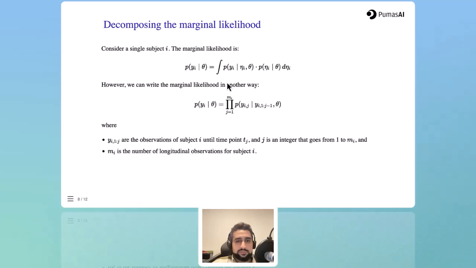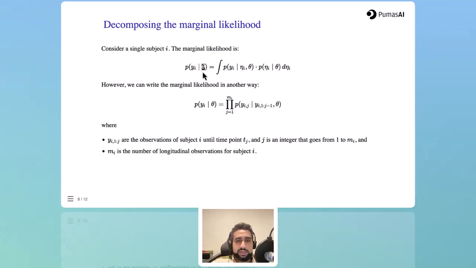Now let's look at a little bit more math to understand what this quantity is actually measuring. In this slide, we consider a single subject i and the marginal likelihood of this subject, so we brought back the subscript i for the equations. The marginal likelihood of theta is the marginal probability of y given theta, because probability is always of the data, or the main variable, but the likelihood is always of the parameter.